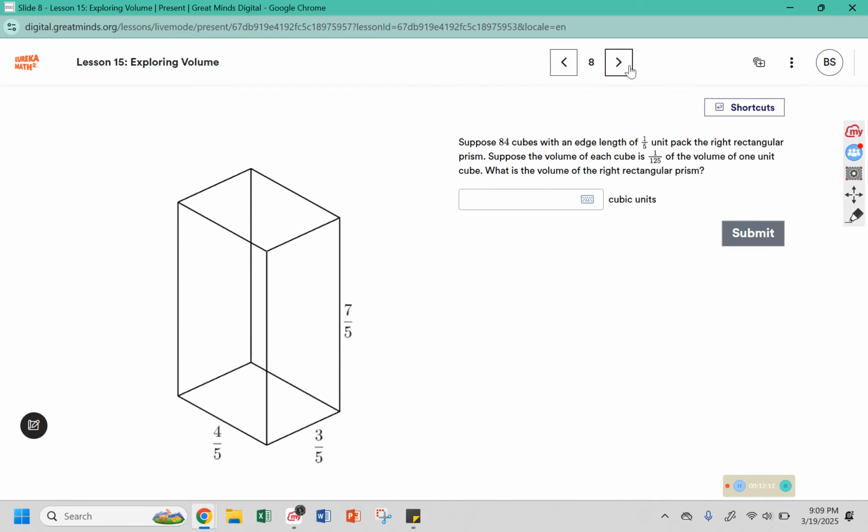Suppose 84 cubes with an edge length of 1/5 unit pack into the right rectangular prism. Suppose the volume of each cube is 1/125th of the volume of 1 unit cube. What is the volume of the right rectangular prism?